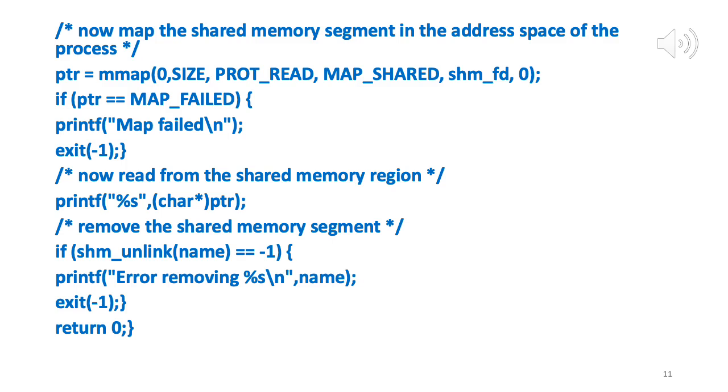So we use mmap, pretty much the same flags as before, only difference is now we don't have the write flag. So mmap 0, size, read, map shared, shm_fd. Okay, right? shm_fd is a handle for that segment, right? So once this is successful, the shared memory segment will be mapped to the address space of this process.